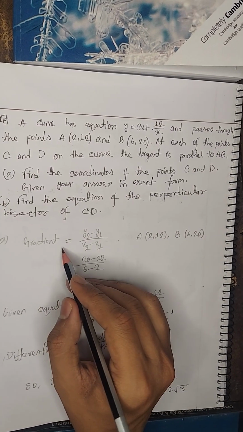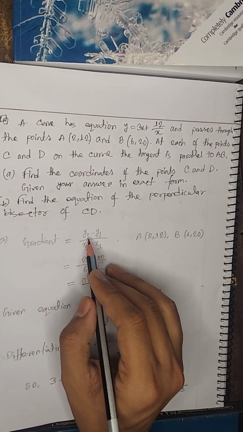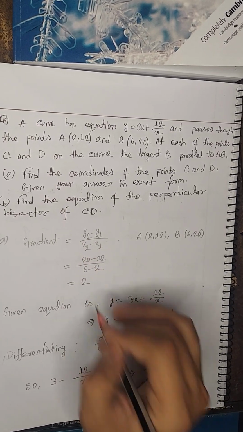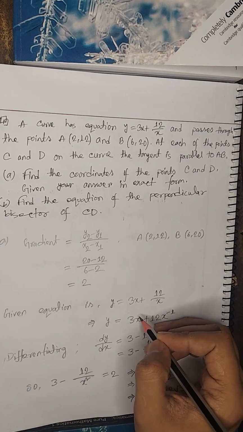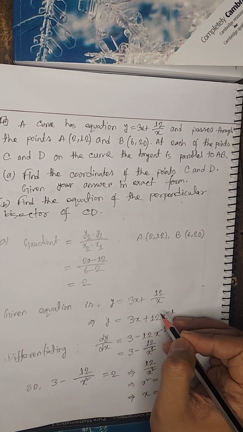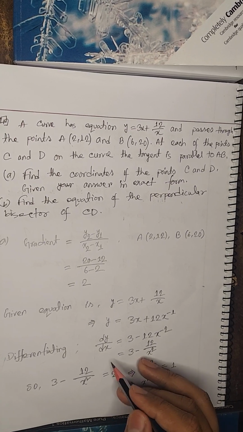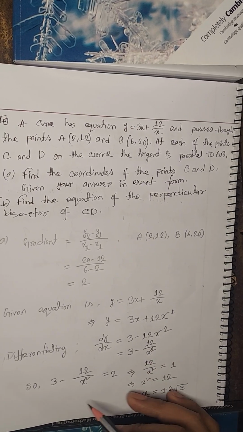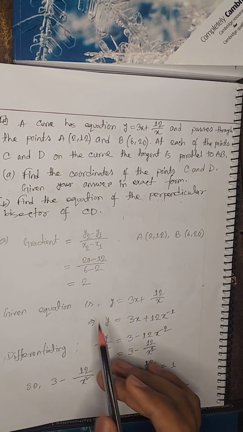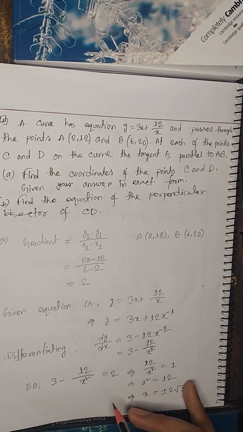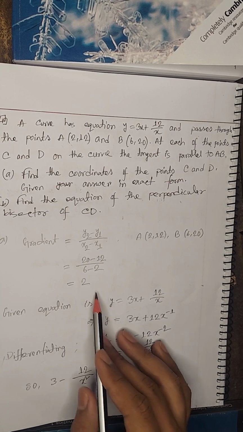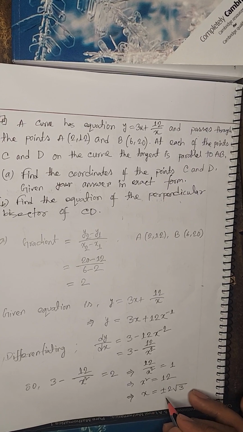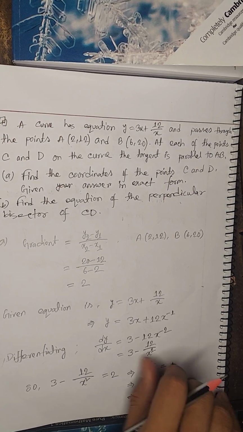We can find the gradient this way: y2 minus y1 divided by x2 minus x1, and then the gradient is 2, and the given equation is y equals 3x plus 12/x. From this we get dy/dx equal to 3 minus 12/x squared. Since the gradient is 2, putting this value here, 3 minus 12/x squared equals 2, then we get the value of x as plus or minus 2 root 3.